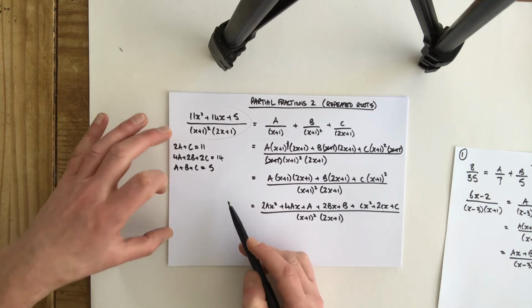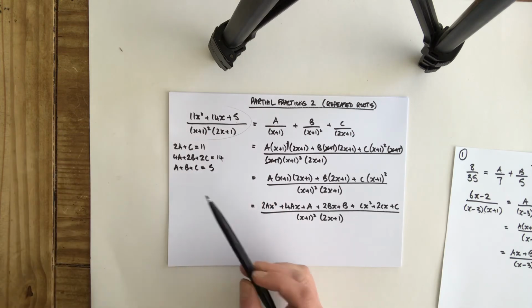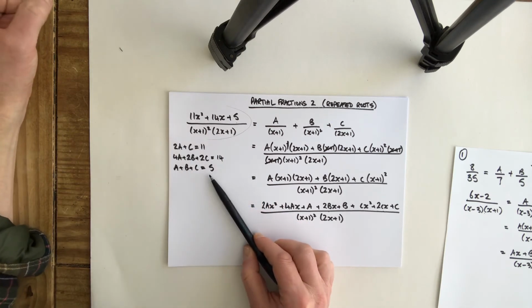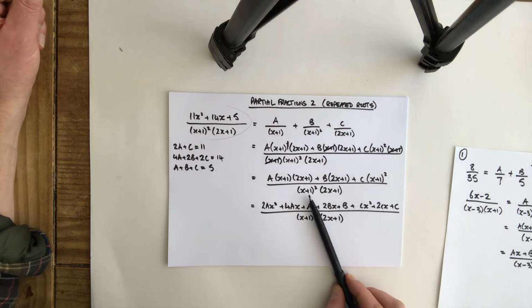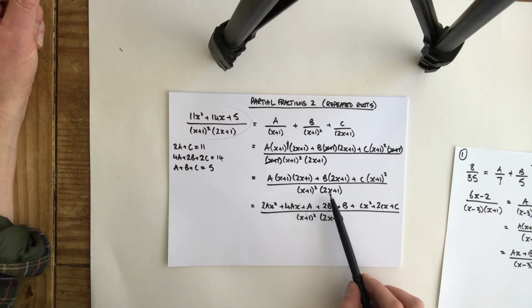Now we have 3 equations and 3 unknowns. You can use your calculator to solve that. Your Casio calculator has a simultaneous equations with 3 variables option on it. You can use it there, or you could use the second method I used in the first part of this chapter, where you substitute some values in.